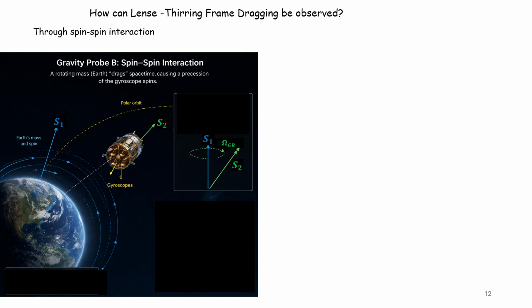And then what we expect is a precession. So a spin-spin interaction gives a precession. And this is a phenomenon which is 100% equivalent to the electrodynamic so-called Larmor precession.